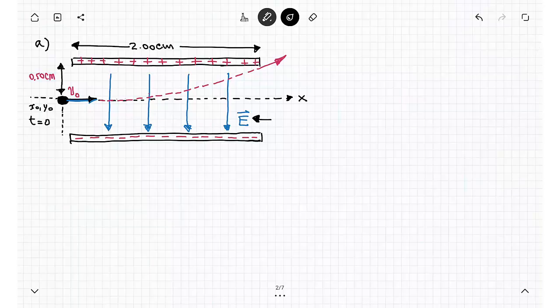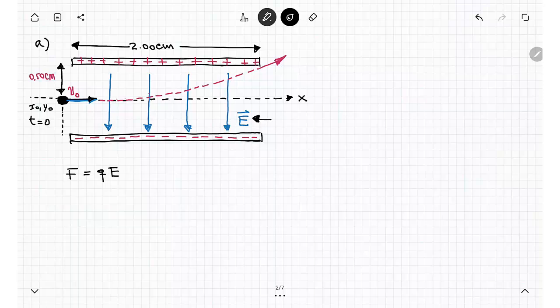Okay guys, so for an electron, the force that it experiences is given by the following formula. F is equal to Q multiplying the electric field.